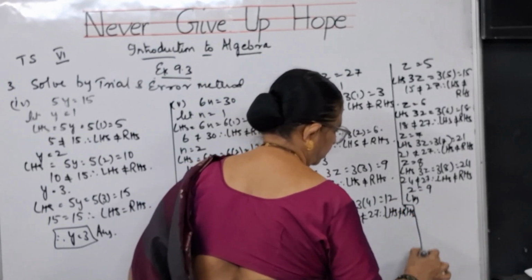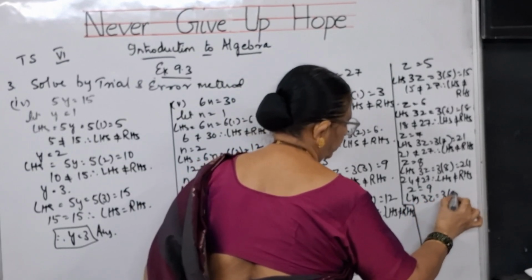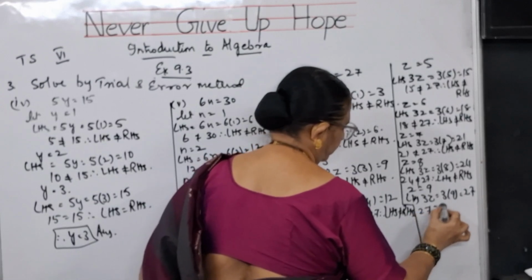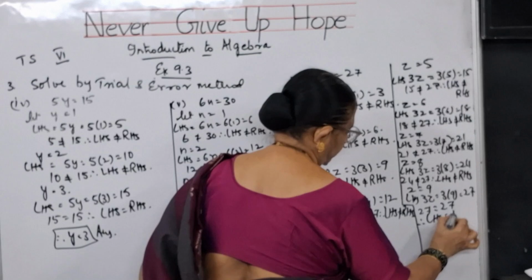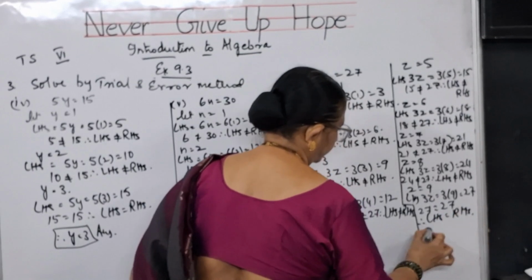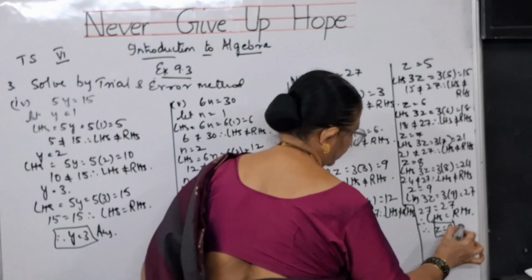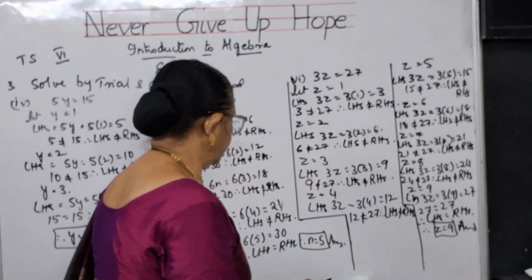LHS 3z. 3 into 9, 27. So 27 is equal to 27. Therefore, LHS is equal to RHS. Therefore, z is equal to 9 is the answer for this problem, children.